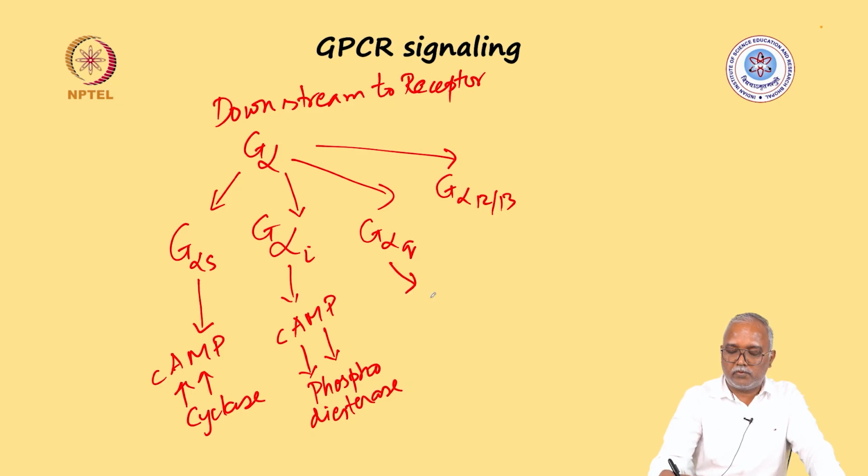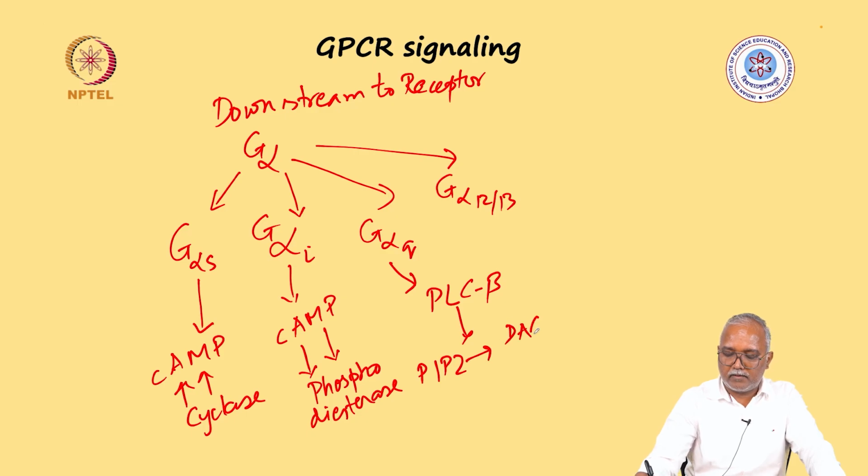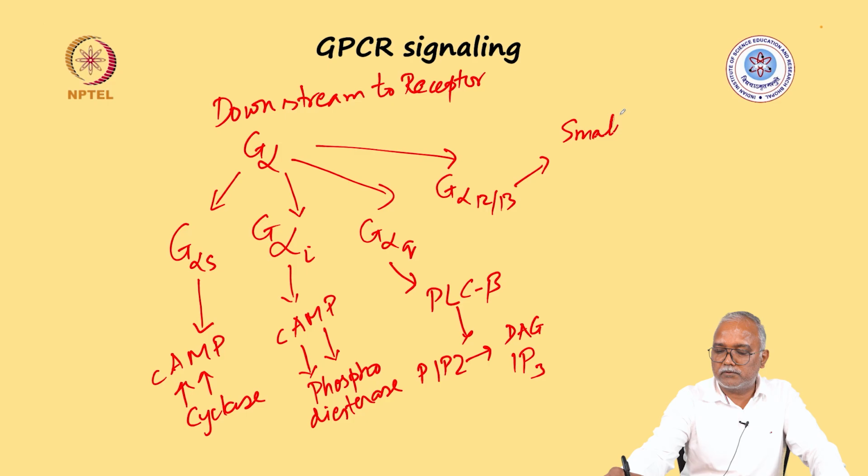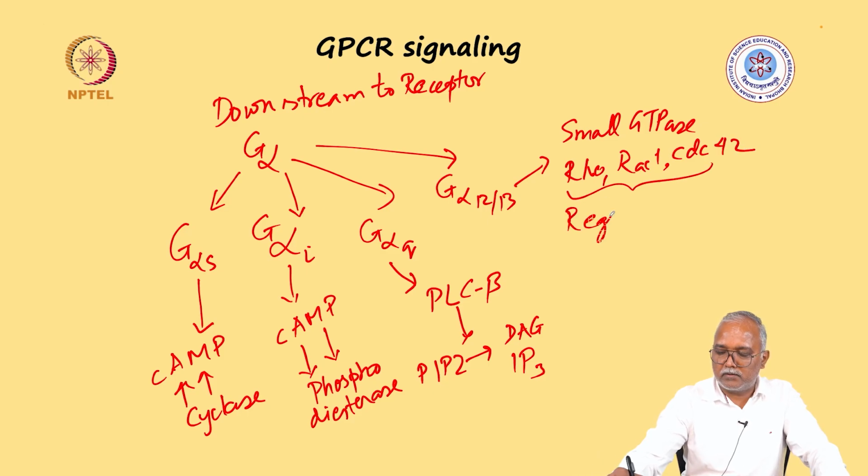This one works through PLC beta, and we know what PLC beta does. It breaks down PIP2 into DAG and IP3. These ones directly talk to small GTPases of Rho, Rac and CDC42, and they together regulate the cytoskeleton.